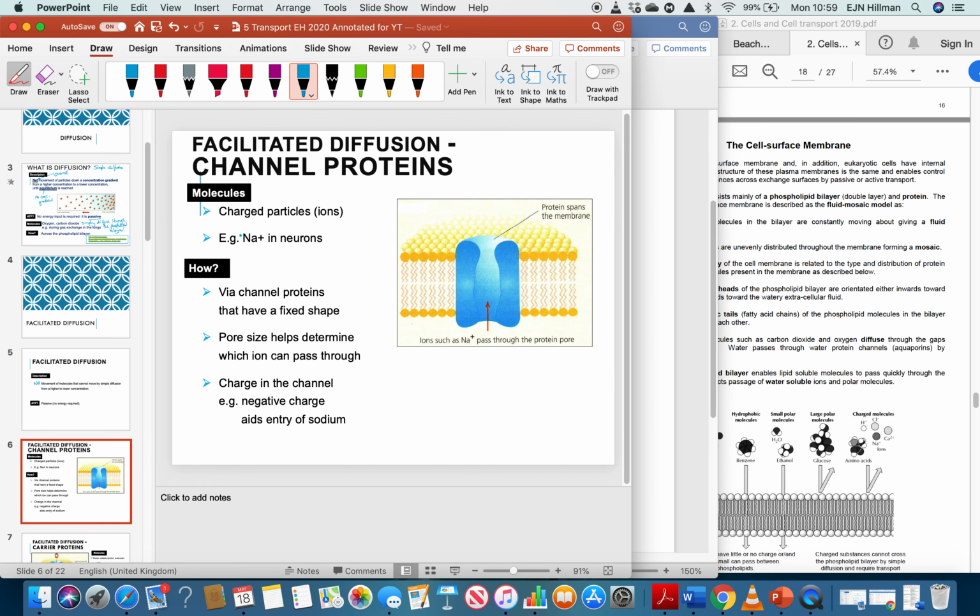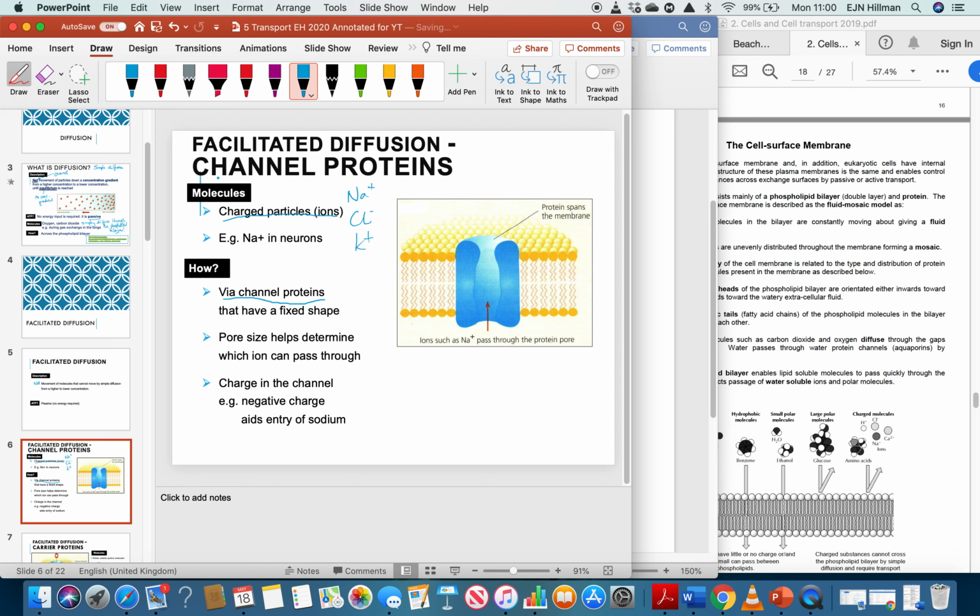Channel proteins allow for the facilitated diffusion of charged particles, ions, such as sodium ions, chloride ions or potassium ions, etc. In neurons, sodium ions, potassium ions, and chloride ions will move by facilitated diffusion across a phospholipid bilayer from a high concentration to a low concentration, but via a channel protein.